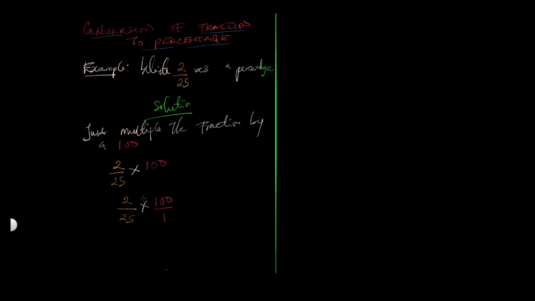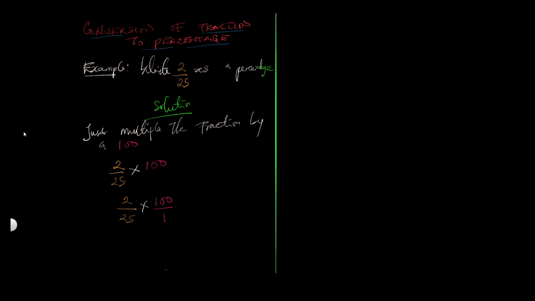So what you simply do is divide the denominator on the left hand side into the numerator on the right. You divide numerator by denominator. If 2 can divide 25, divide. If 25 can divide 100, divide.